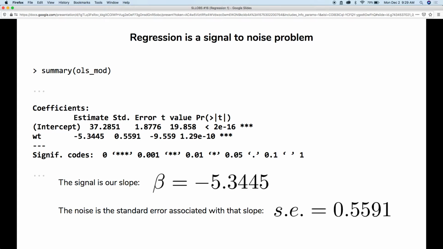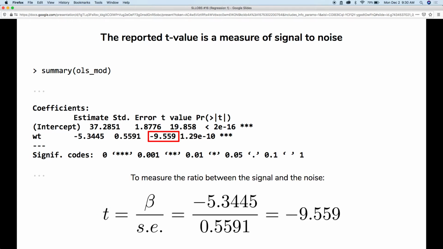And so if we frame regression as this signal to noise problem that's very similar to a t-test, we can evaluate whether or not our slope is significant by turning to a t-test. And we can calculate basically a ratio between the signal and the noise by calculating a t-value. And the t-value in a simple single parameter linear regression is calculated simply by taking the slope and dividing it by the standard error.